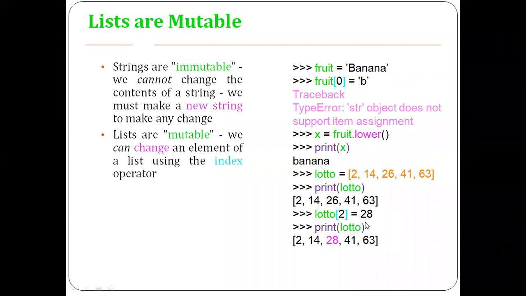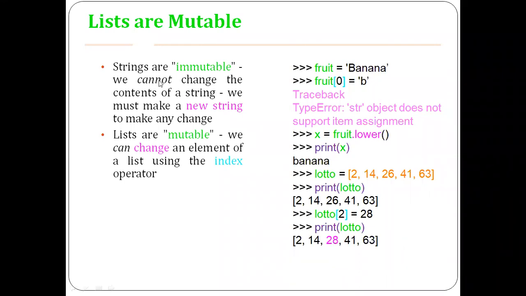You do not have to know the initial value of the list. Instead, you just overwrite the contents of the existing list element. 26 was the initial element, and we have overwritten it at index number 2. Now it has become 28.